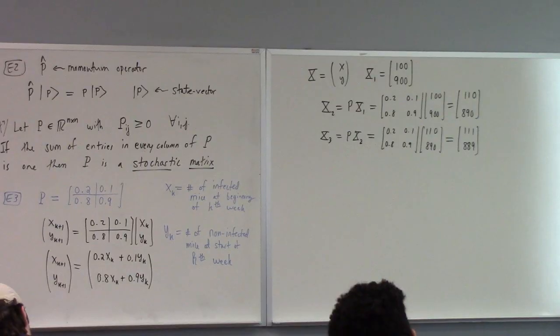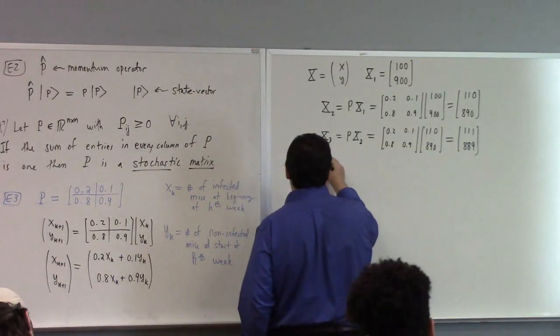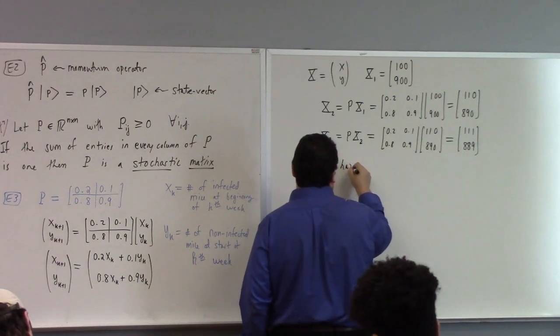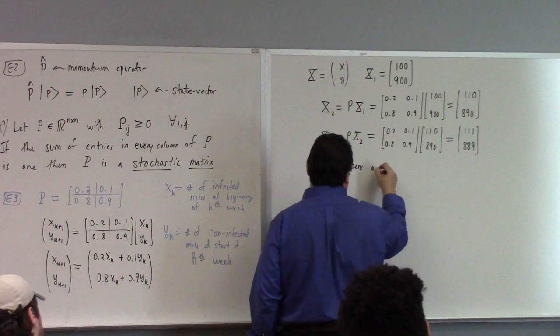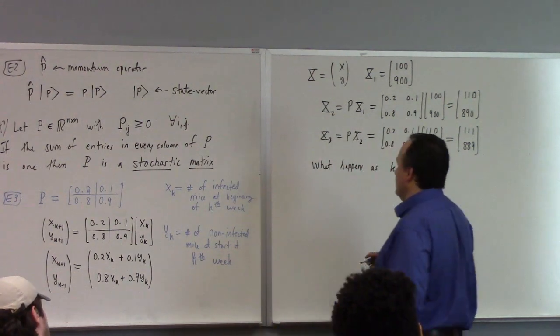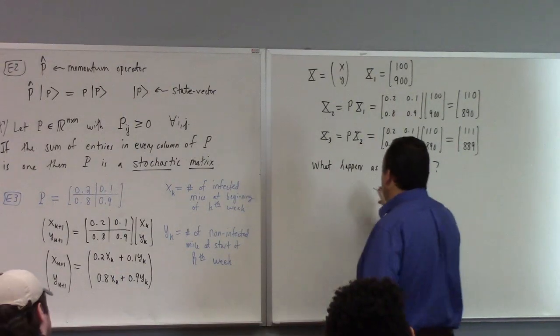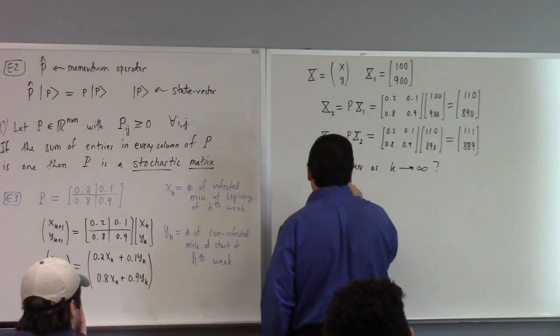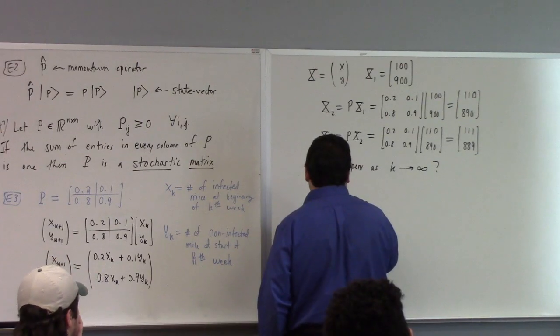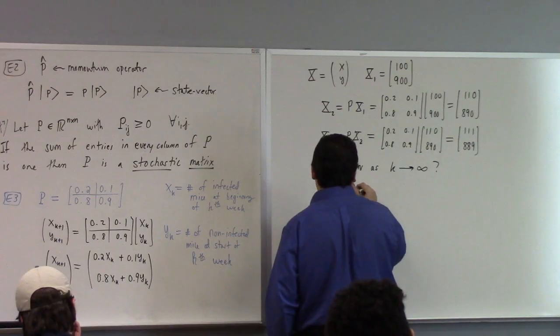So my question then is, what happens as k goes to infinity? In other words, if we take the limit as k goes to infinity of x sub k, right?